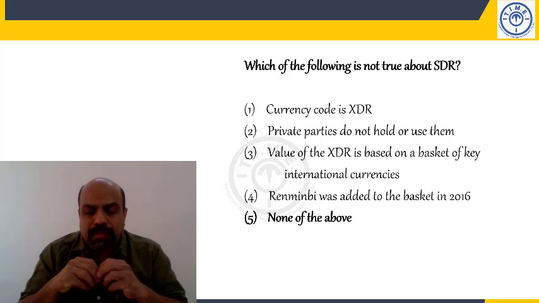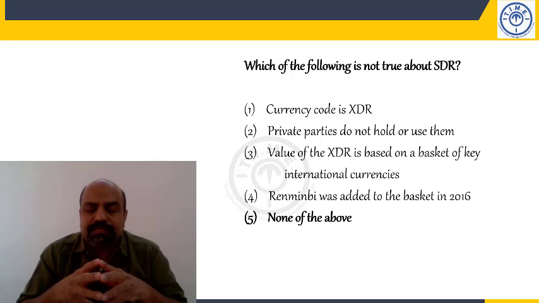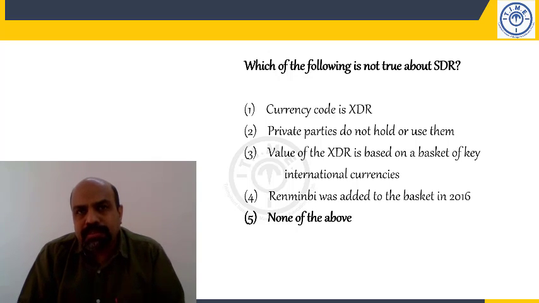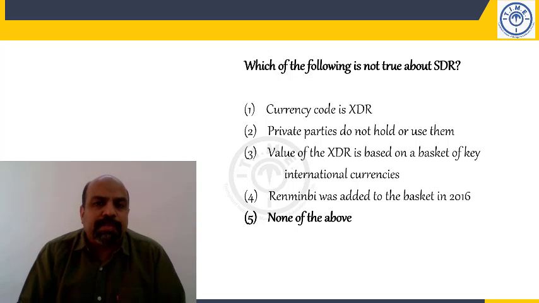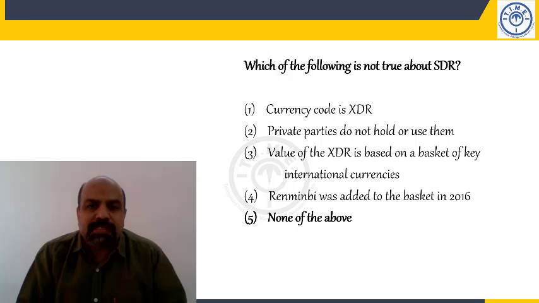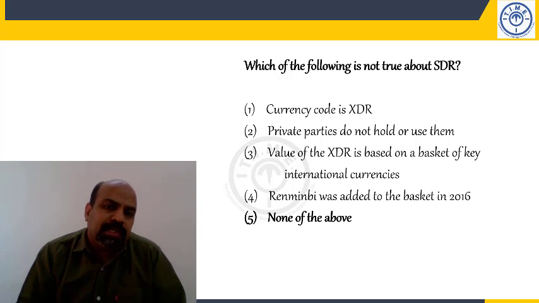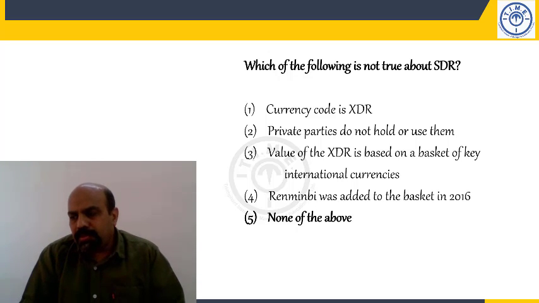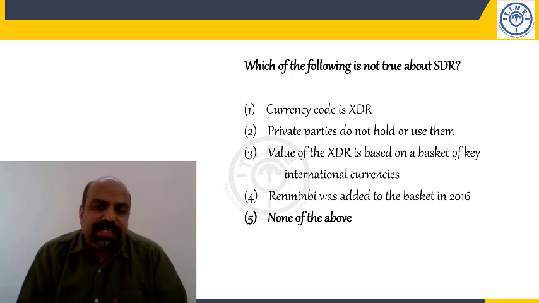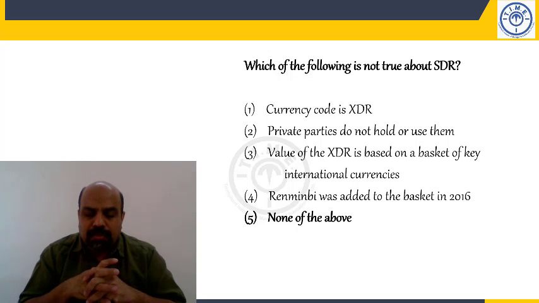Okay. Second point. Currency value of SDR is determined by summing the values in US dollars, comma, based on market exchange rates, comma, of a basket of major currencies.